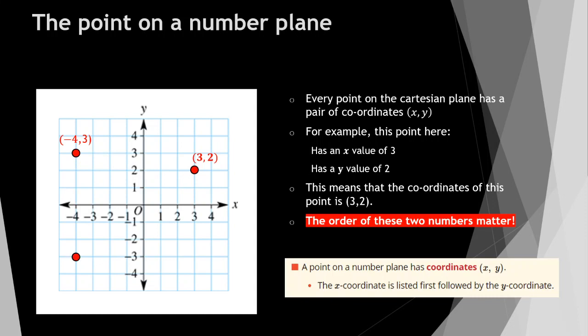We have an x value again of -4, but a different y value of -3. And this one here has an x value of 1 and a y value of -2. The most important thing about this slide is remembering to put x first and y second.